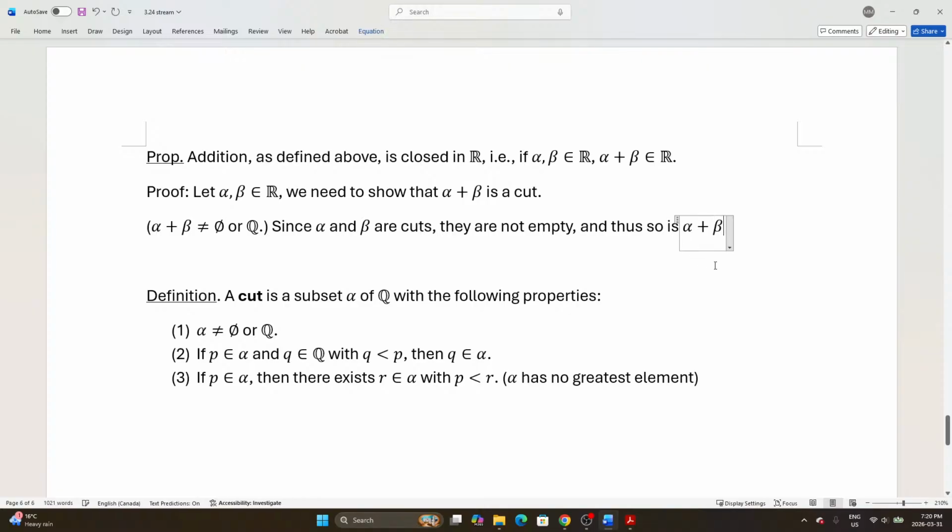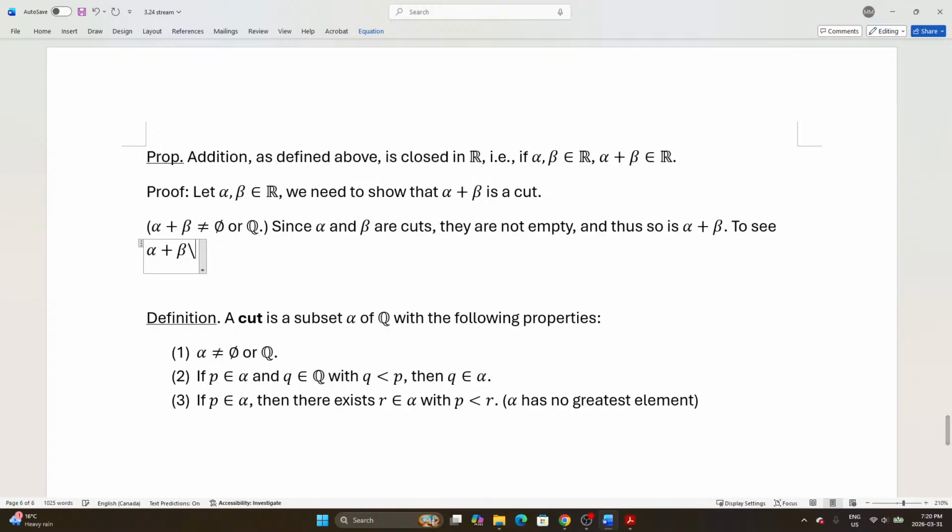Easy. So why is it not the whole of the rationals? To see alpha plus beta is not equal to the entirety of Q, we take something that is not in alpha, because alpha is not the whole.